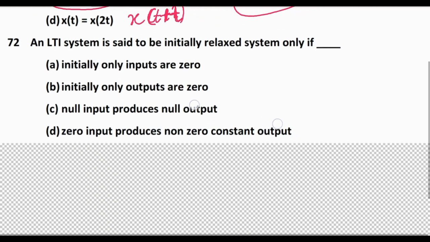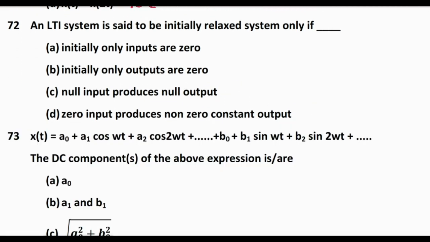Next question is, an LTI system is said to be initially relaxed system only if: option A, initially only inputs are 0; option B, initially only outputs are 0; option C, null input produces null output; option D, 0 input produces non-zero constant output.